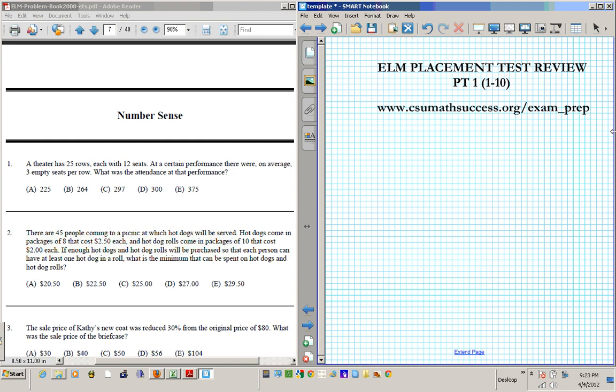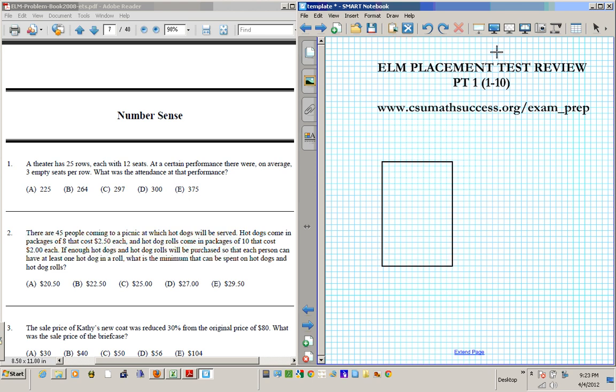So, let's say that the theater looks something like this. I'm going to draw a rectangle. It looks something like this.